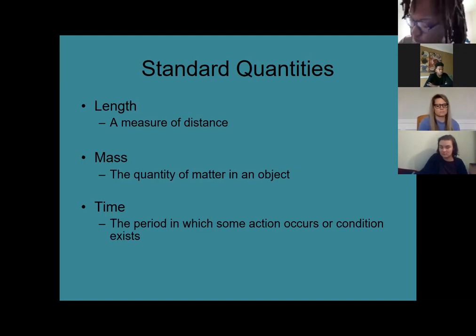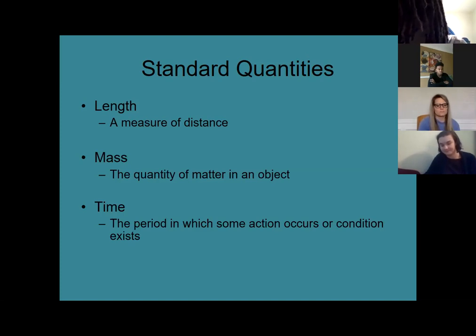Each system of units has a specific unit associated with each standard quantity. So if we look at our paper, we see the first is the British system. The standard unit of length in the British system is the foot.